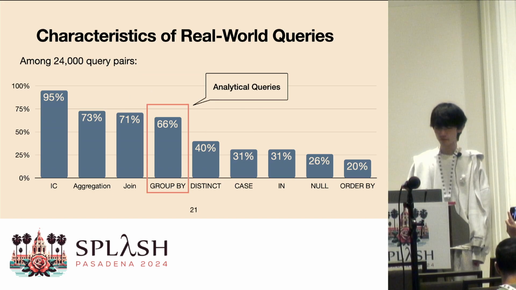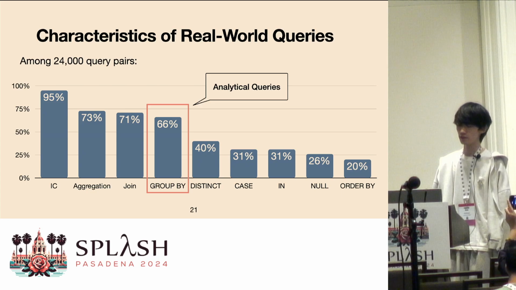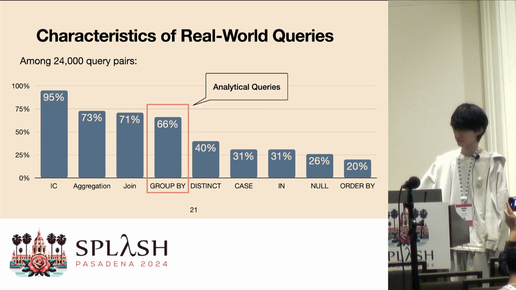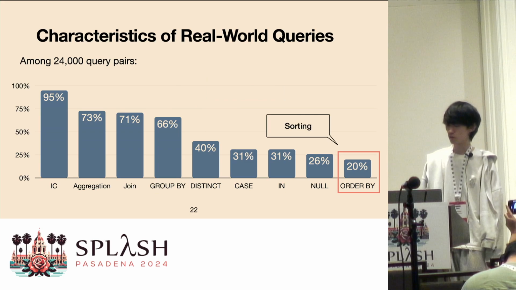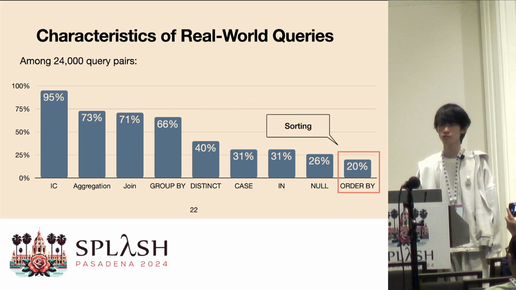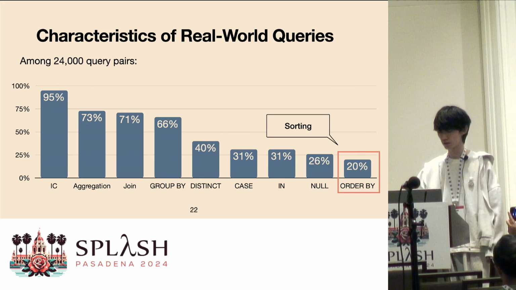These features are very important when writing analytical queries. And more than 20% of the queries use the order by operation, which is necessary to sort the query result.